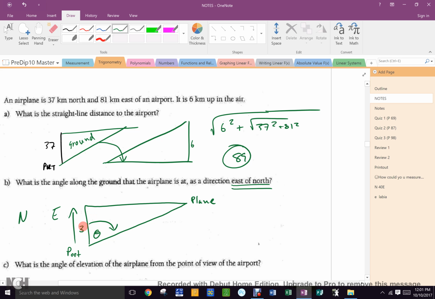I know 37 and 81. I also know the hypotenuse now, but I already had 37 and 81, so I could just use that, yes? And it is what? It's tan, yes? Opposite over adjacent. So this in here would have been the shift tan of 81 over 37, which is, somebody said something like 60, 65. That's cool.